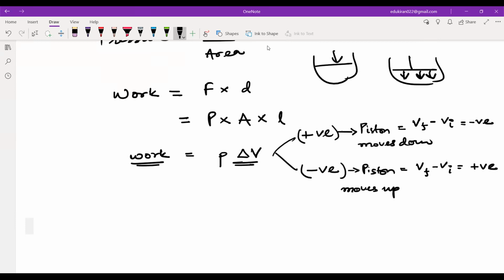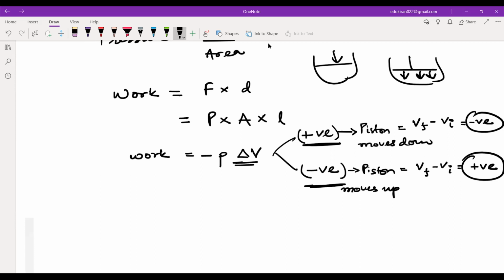Now you can see that when I need the work to be positive, it is giving me negative. When I want it to be negative, it is giving me positive. That means I can just write a negative sign here, and then it will be all fine. The PV value will be negative and this PV value will be positive, but the total work will be multiplied by the negative sign.